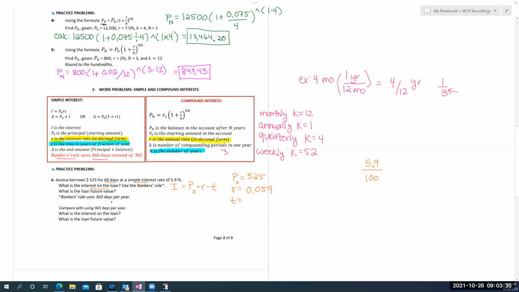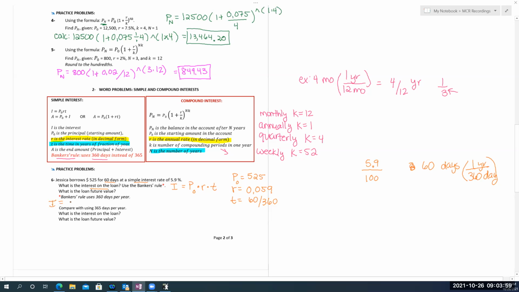T is in 60 days and they want us to use the banker's rule. So 60 days, there's 360 days in a year for the banker's rule. So T is going to be 60 out of 360. Don't reduce it. You don't need to. We'll put it right into the formula as is.